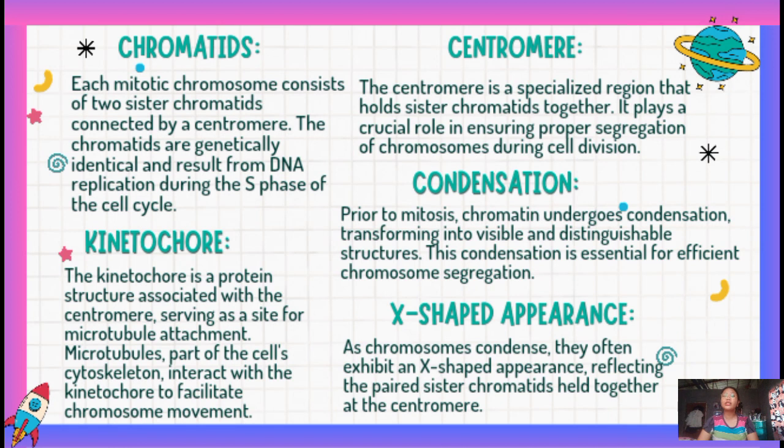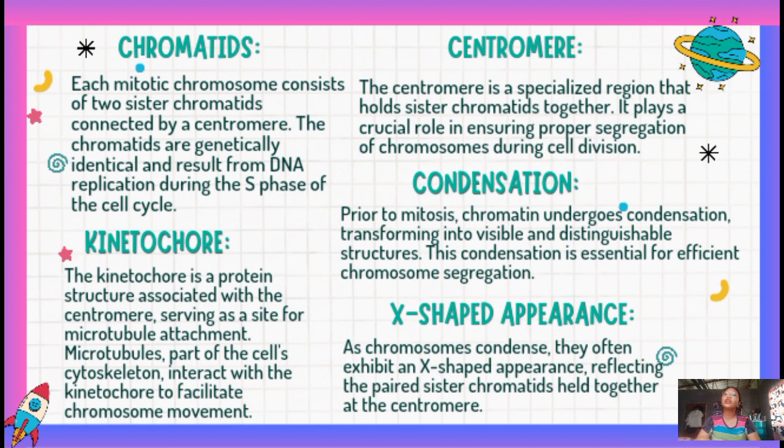Condensation. Prior to mitosis, chromatin undergoes condensation, transforming into a visible and distinguishable structure. This condensation is essential for efficient chromosome segregation. The last one is the X-shaped appearance. As chromosomes condense, they often exhibit an X-shaped appearance, reflecting the paired sister chromatids held together at the centromere.